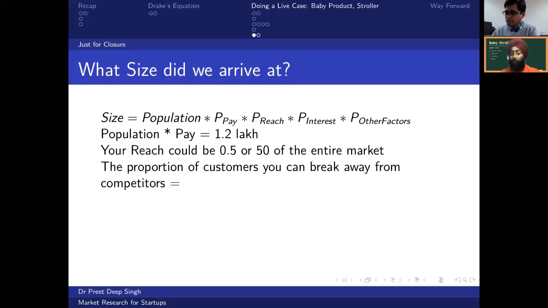Then of course the proportion of customers you can break away from competitors. You know, you are a new brand. Who is going to trust you? Let's say you spend a fair bit of money on this marketing. That is what you will have to account for in your capital again. You will have to give freebies. You will have to push direct sales agents. You will have to push in-store staff, right? What proportion of these customers can you break away from competitors?